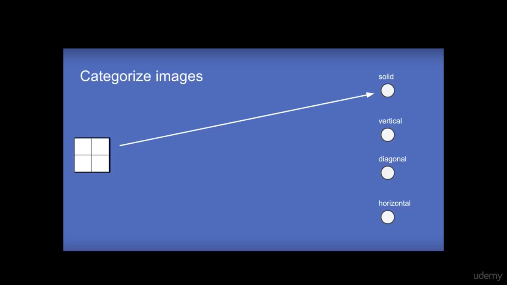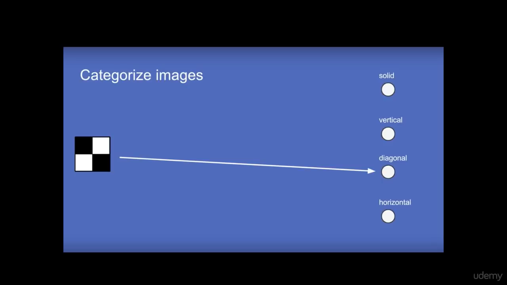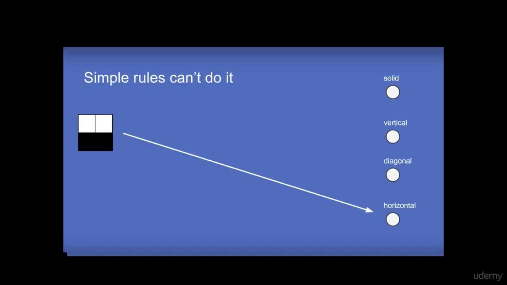We want to get an output from the neural network that is either solid, vertical, diagonal, or horizontal. Why can't we just put a protocol in the input, feed forward the network, and get an output that we desire? Because neural networks do not work that way.